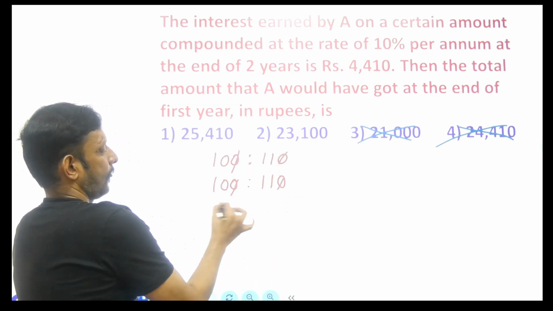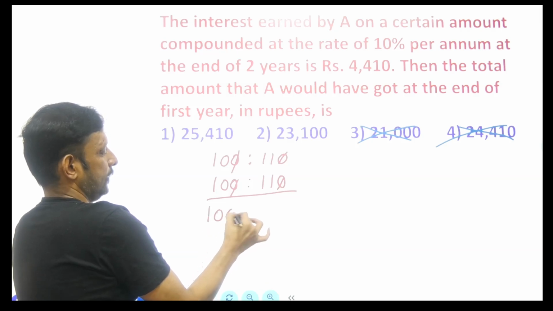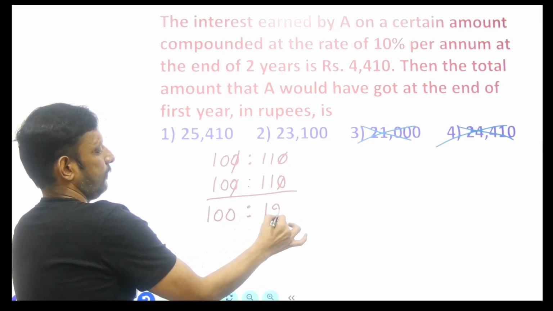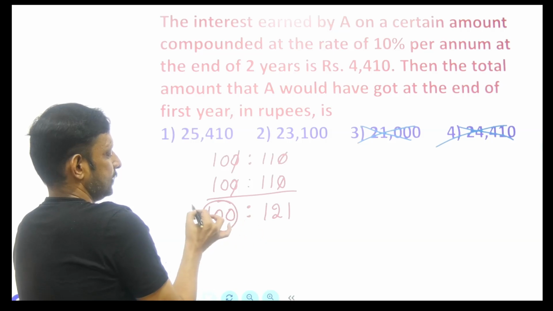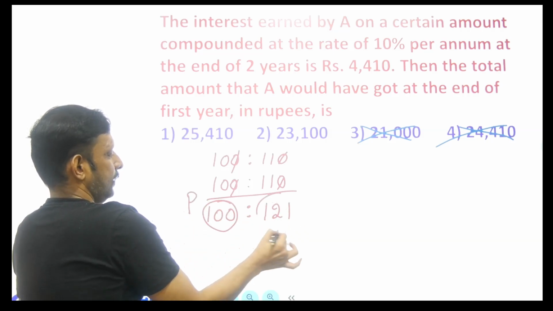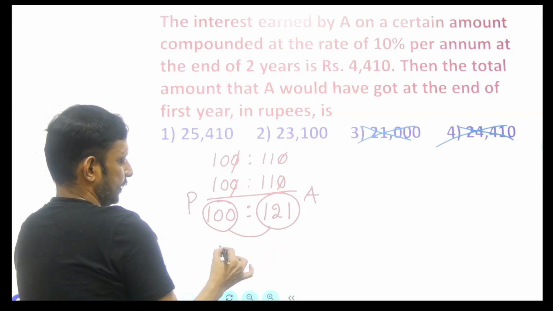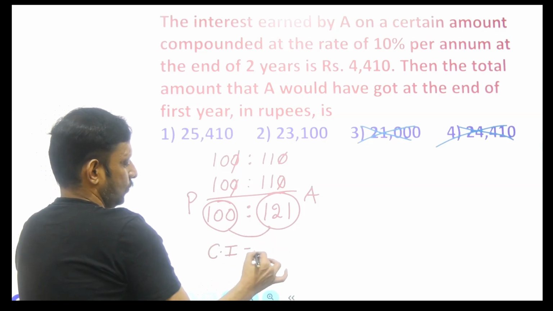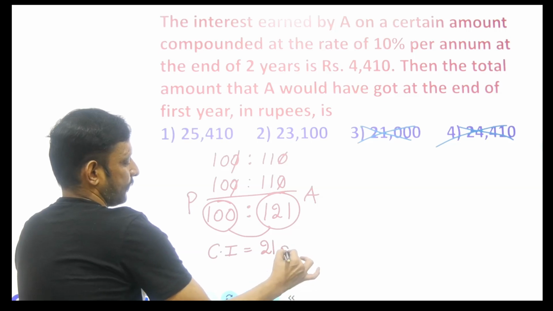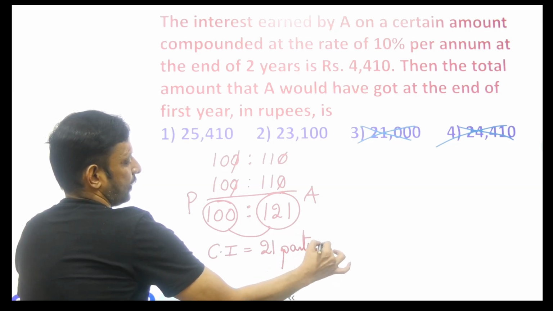That is 10 into 10, 100, is to 11 into 11, 121. These 100 units represent the principal, these 121 units represent the amount, and the difference, 21 parts, represents the compound interest.